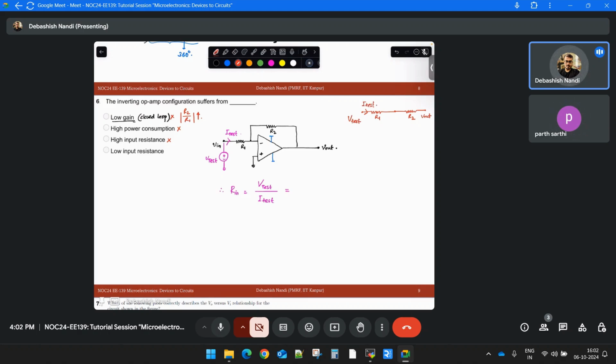So your V test by I test, what do you think? It is R1 plus R2. There has to be a path till ground, right? Yes, sir. Don't you see that this node is grounded? Yes, sir. This node is grounded.